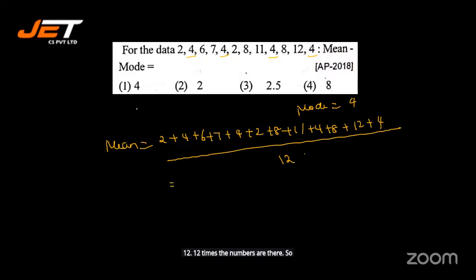So you just have to add everything. 4 plus 2 is 6, 6 plus 6 is 12, right?